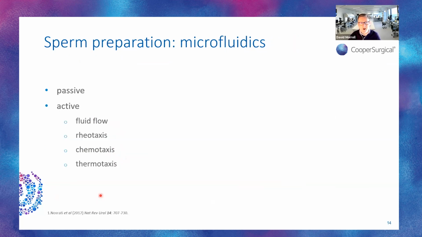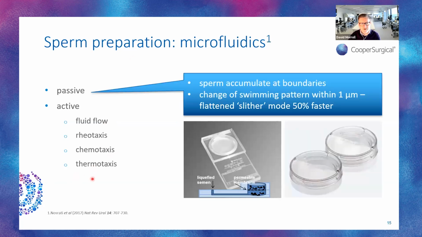Now, if we think about microfluidics, because these are very interesting ways of dealing with sperm, and they do avoid or can avoid centrifugation, there are a number of different approaches to microfluidics: passive, active, and so on. And if we look at the standard microfluidic chips, these rely on a passive approach.